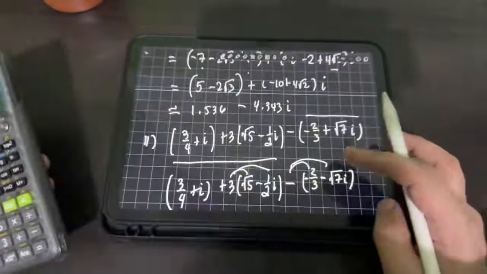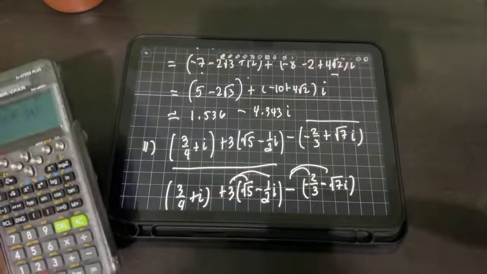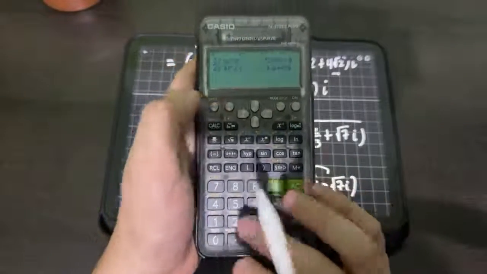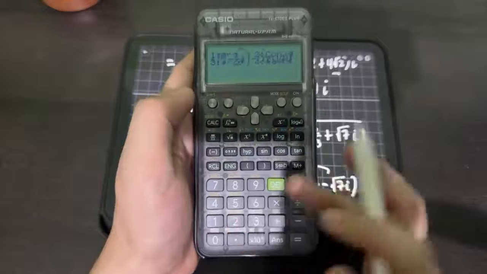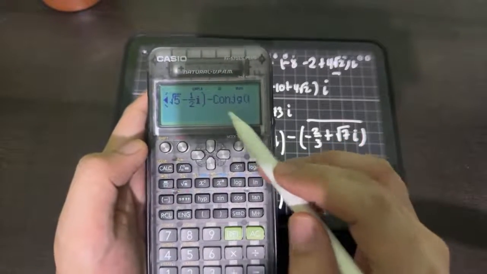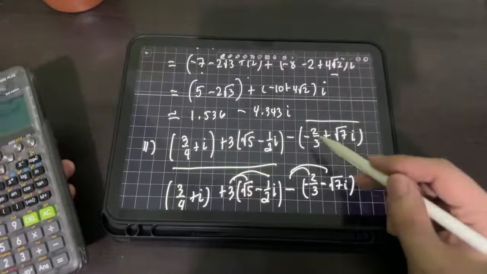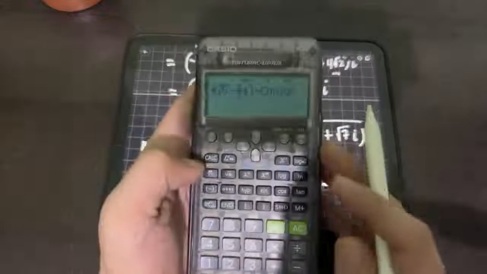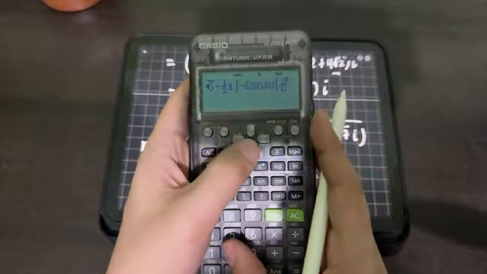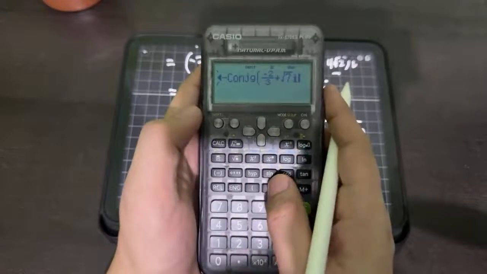And then minus, we need to find the conjugate again. So shift 2 for conjugate. Then input inside the parentheses for the conjugate this complex number, negative 2/3 plus square root of 7i.